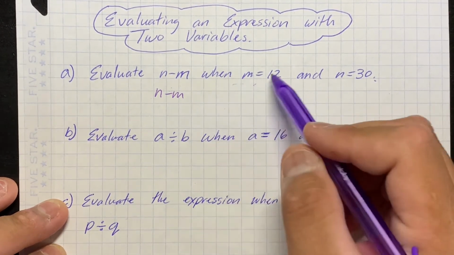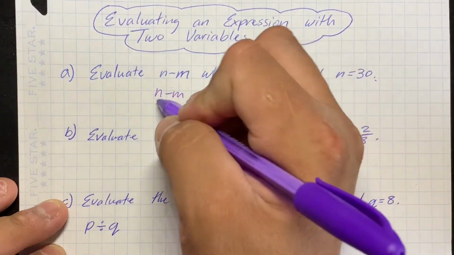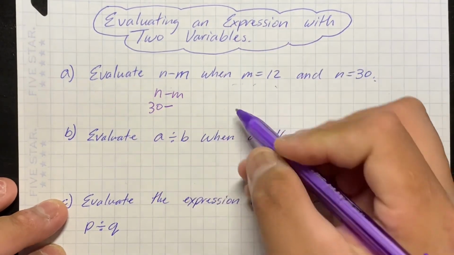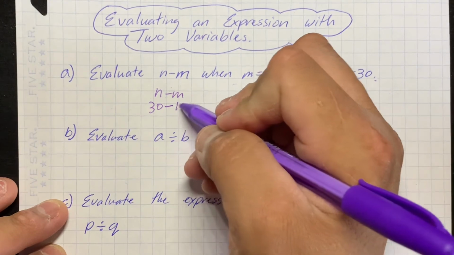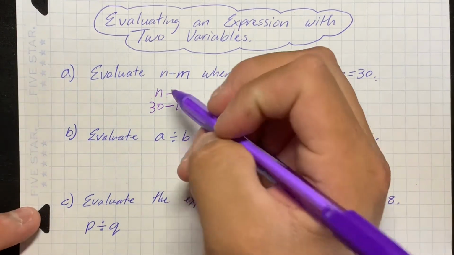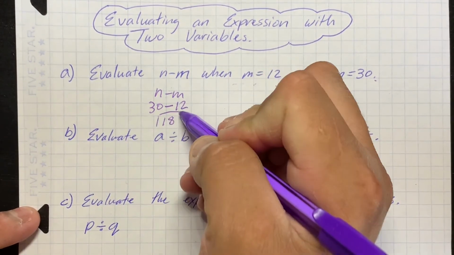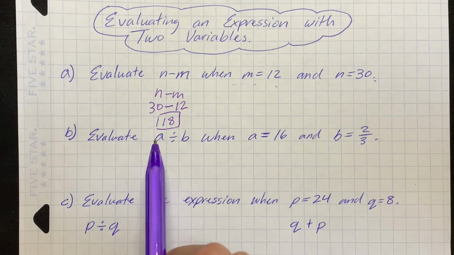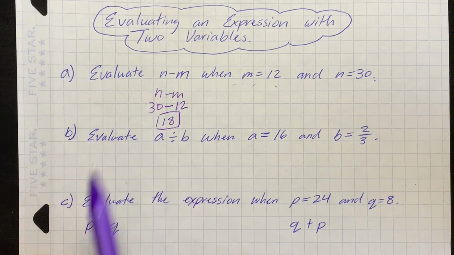So let's say n here equals 30 minus m, which equals 12. So in reality, all you're going to do is just subtract. 30 take away 12 is going to be 18. So the difference is 18. Now I say the word difference because we subtracted.